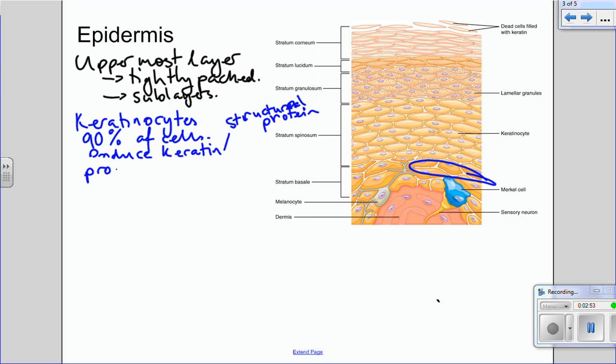They migrate up as they mature. Basically, younger cells down the bottom, older cells at the top.